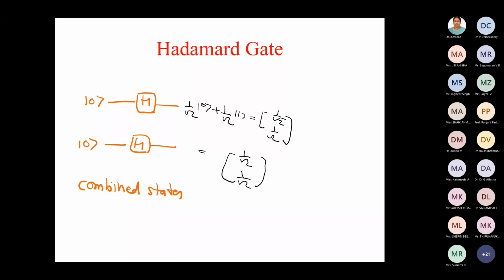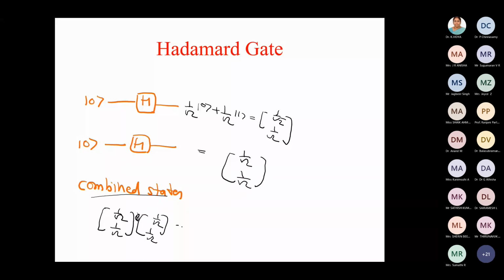So if these 2 qubits are in this and this state, as I told you in the previous tensor product discussion, if I want to write them as a combined state, then I just take the tensor product. Remember, tensor product.